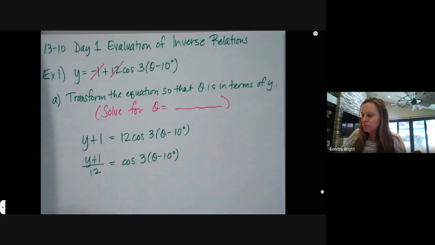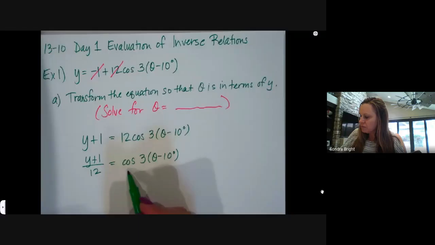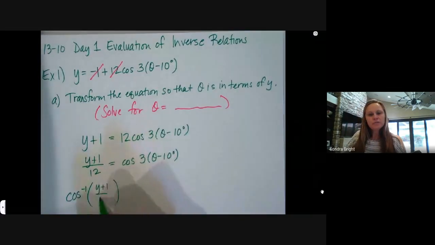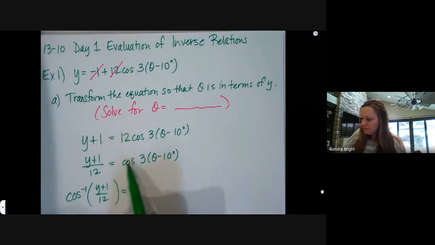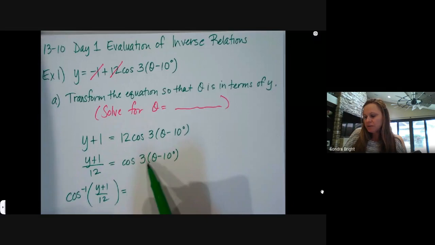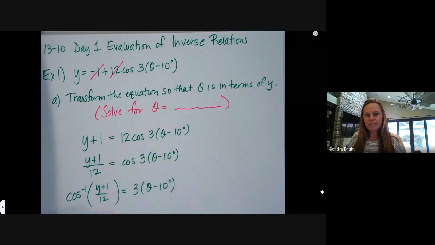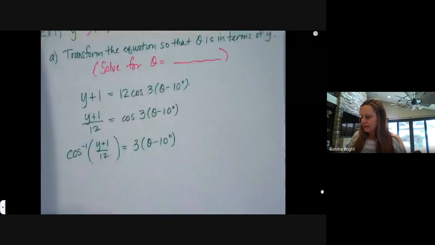So you'll write inverse cosine of the left-hand side is equal to, when you do inverse cosine of cosine, you're left with this argument is what it's called. It's the part right after cosine. So you'll have 3 times theta minus 10 degrees. All right. Next thing, I got rid of cosine. I'm going to cross it out.